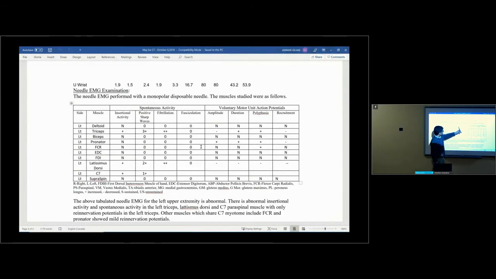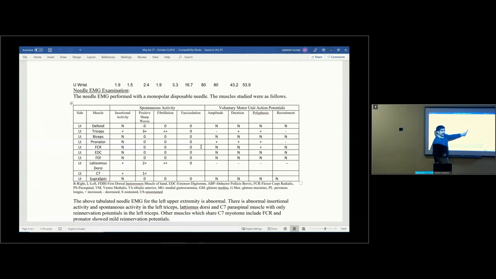these are the muscles. We talked about the insertional activity, and then the resting state, and then the volitional potentials. The deltoid was normal. Triceps is showing a significant amount of active denervation, so that's axonal loss because you're seeing positive sharp waves and fibrillation potentials.